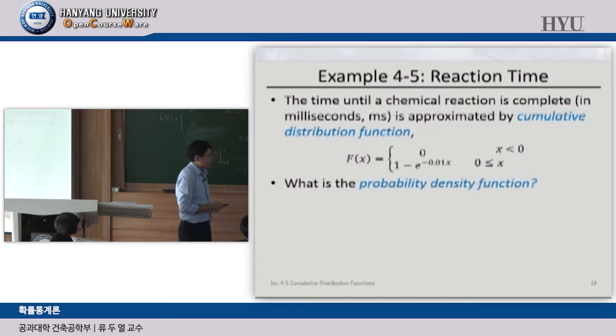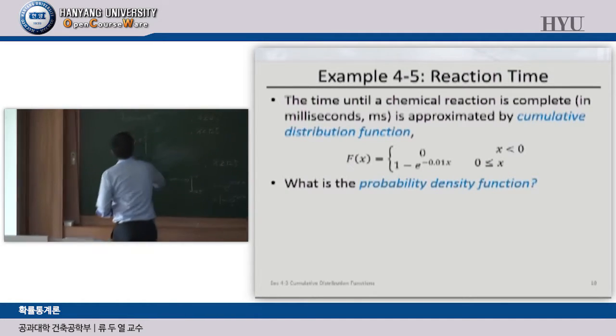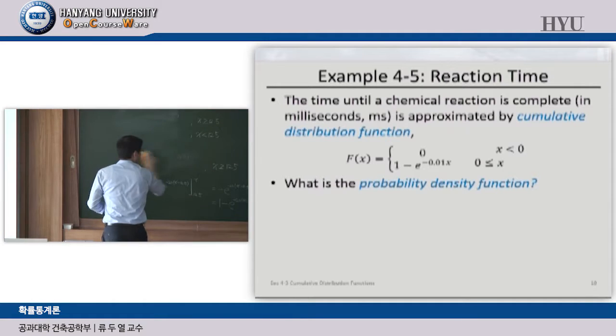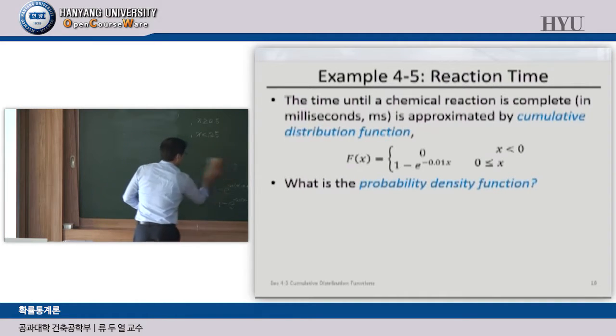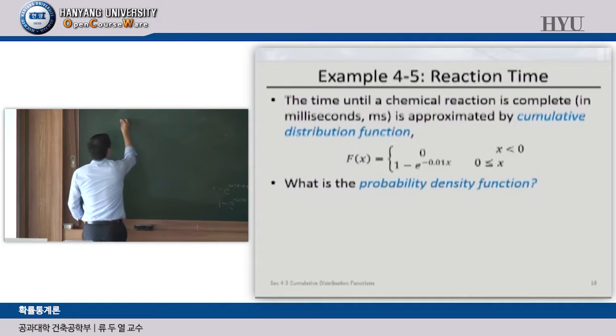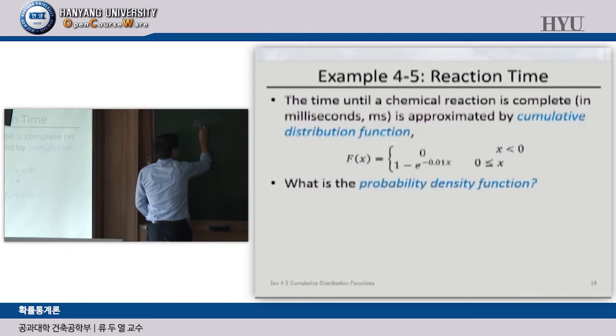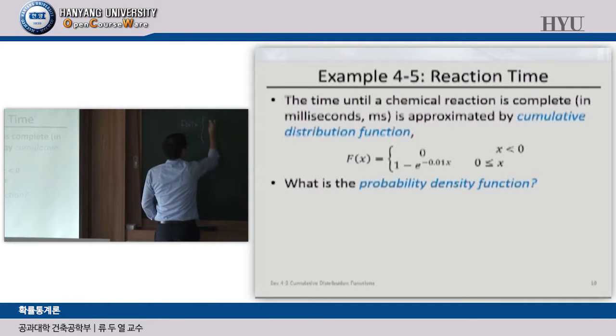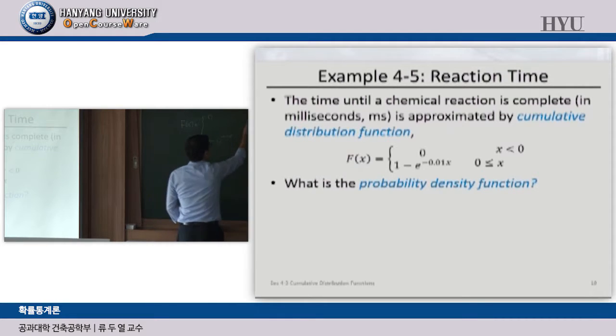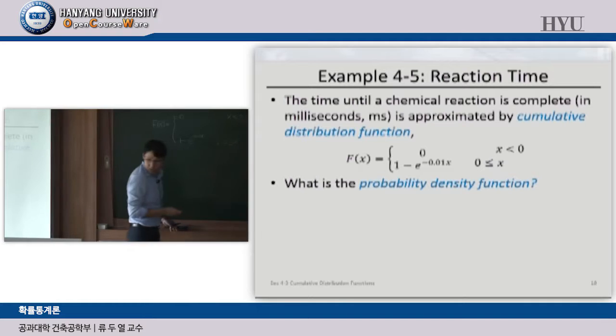In this case, what is the probability density function? The cumulative distribution function is 0, and 1 minus exponential minus 0.01x, when x is smaller than 0 and when x is larger than or equal to 0.